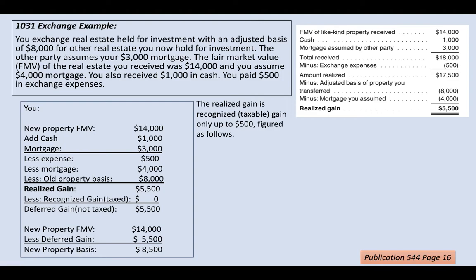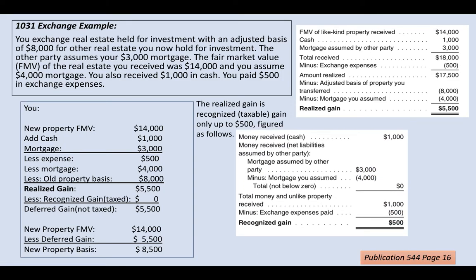I'm not sure this is correct. Basically, you receive $1,000 cash, and your mortgage was assumed, $3,000. Then you assume $4,000. So basically, this is even, right?